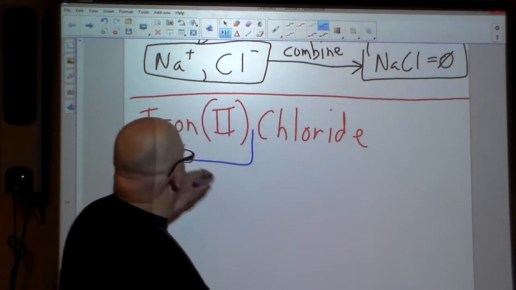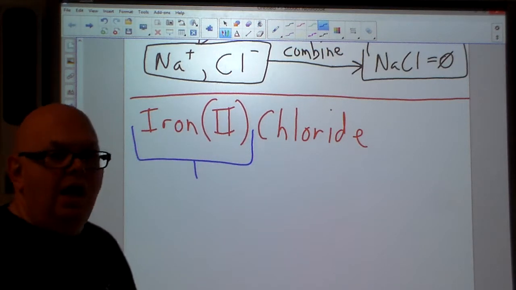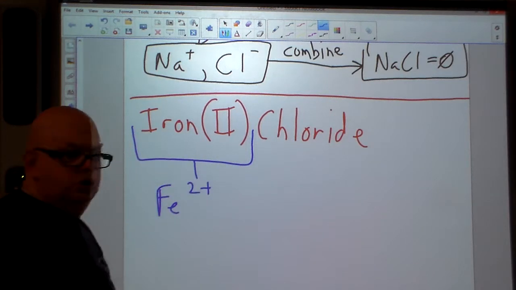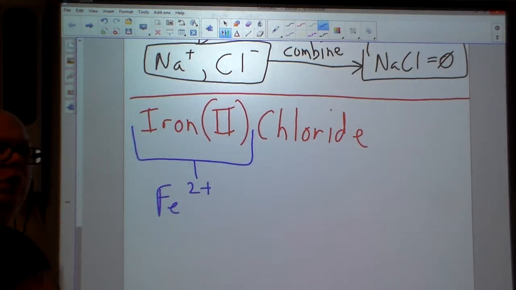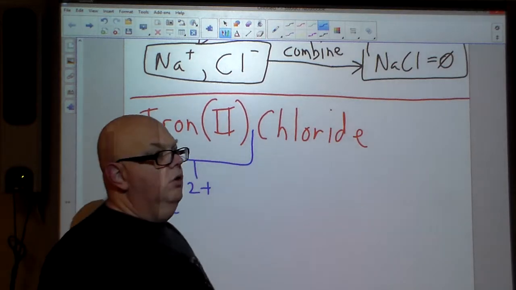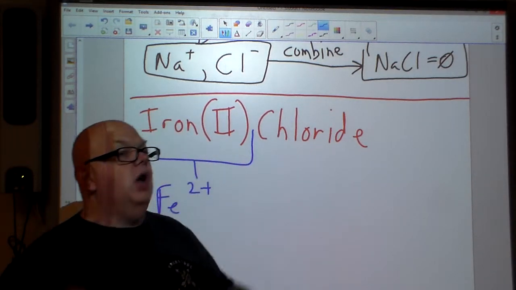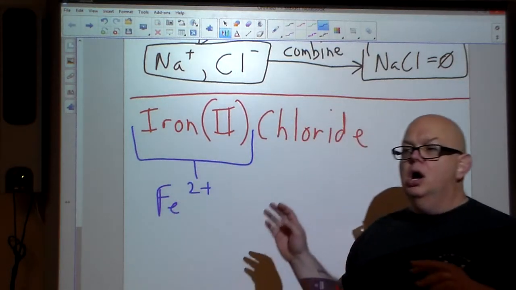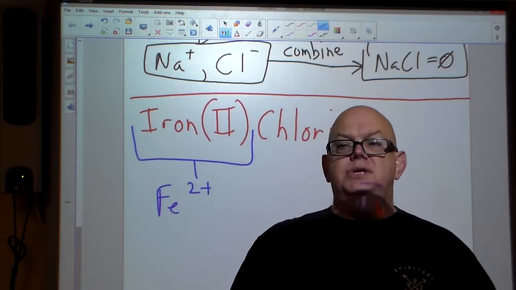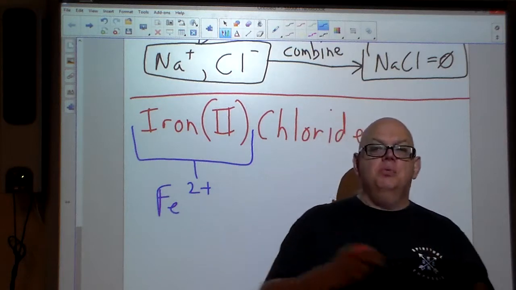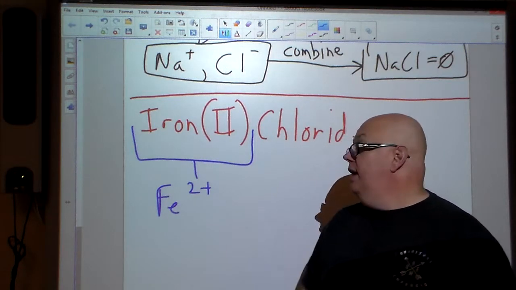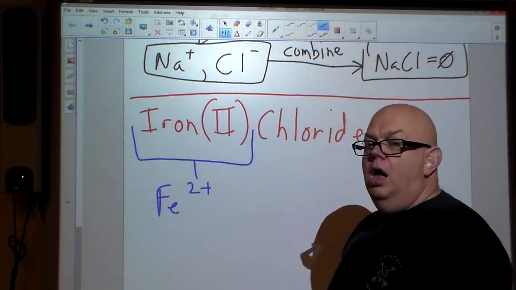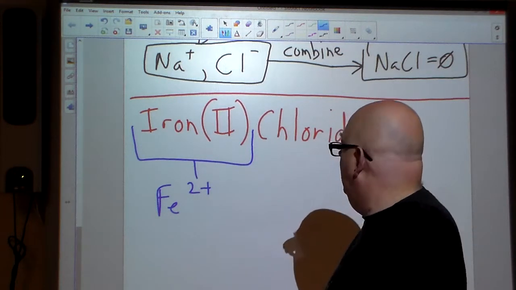This is iron with a +2 charge. And if you look on the ion chart that I'll give you for the exam, you're going to say, but wait a minute, there's iron with a +3 charge and there's iron with a +2 charge. How am I going to know the difference in the formula? That's where the math comes in. You're going to have to balance that out, and balancing out formulas is in another video.